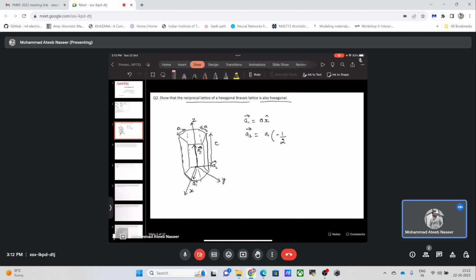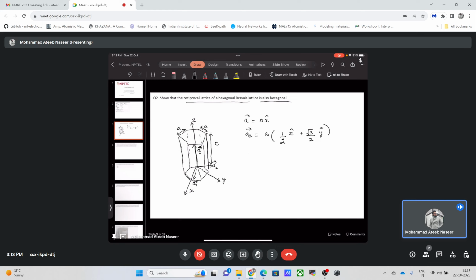Let us skip the minus and keep it plus, because plus is also valid, and then this will be root 3 by 2 times y hat.